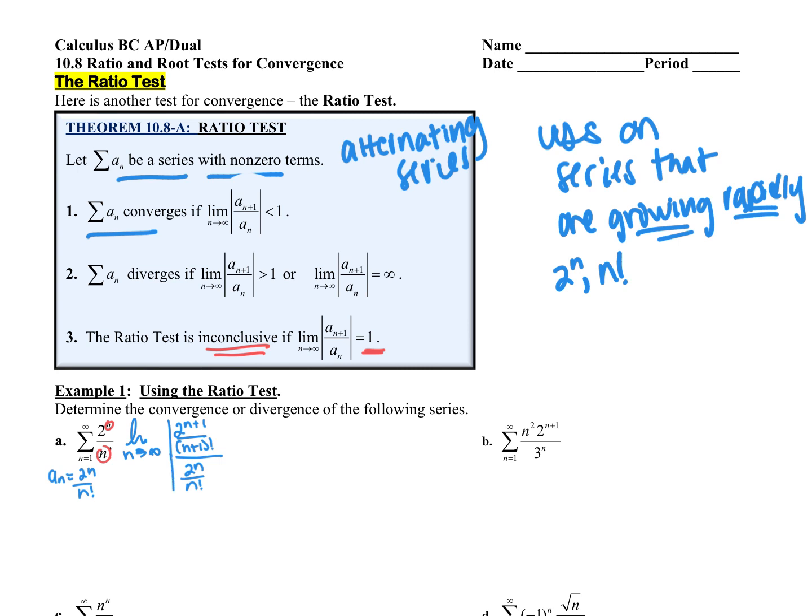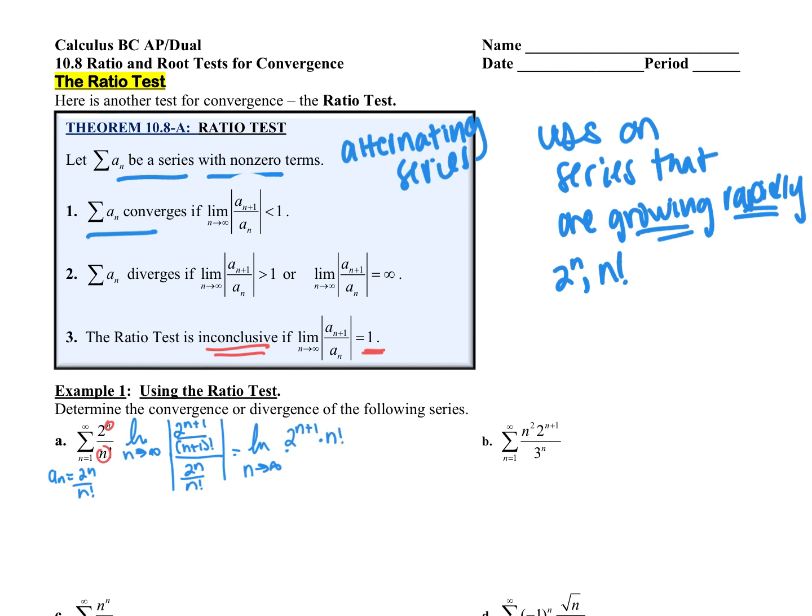And you are taking the absolute value of this, and we want to see what this limit is equal to. So first we'll flip and multiply. And we can go ahead and drop the absolute value for this one, because as we go to infinity, everything inside of there is going to be positive. We've got exponential functions, which are going to just be positive, and the factorials will always be positive. So we can drop the absolute value at the same time.